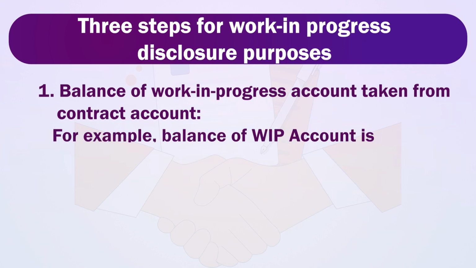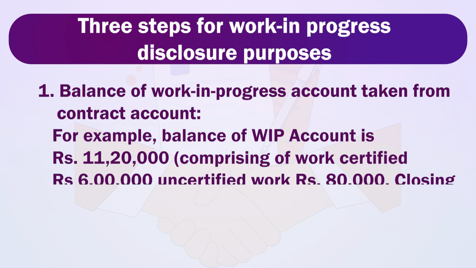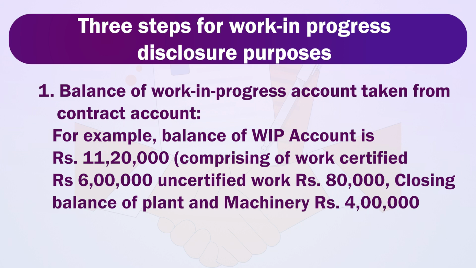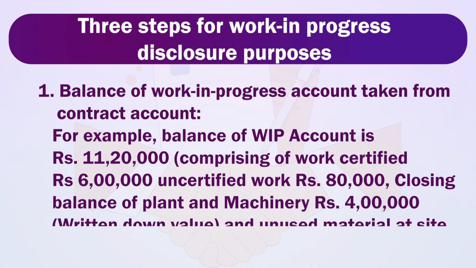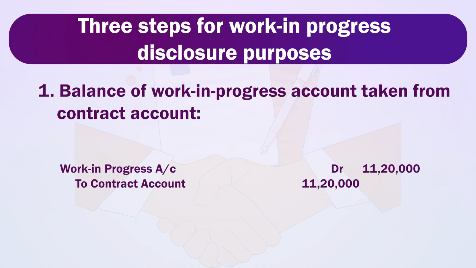For example, the balance of work in progress account is rupees 11,20,000, comprising of work certified rupees 6 lakh, work uncertified rupees 80,000, closing balance of plant and machinery rupees 4 lakh, that is written down value, and unused material at site rupees 40,000. Then the entry is work in progress account debit 11,20,000 rupees to contract account rupees 11,20,000.